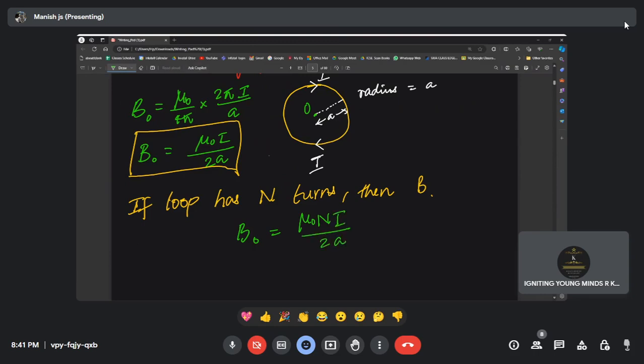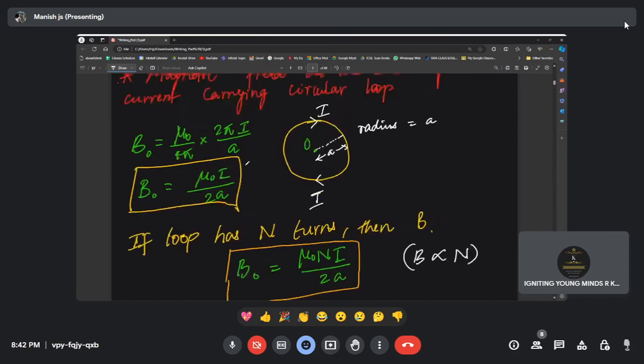Simple. So it becomes n times than what it was before. So you can see that the magnetic field is directly proportional to the number of turns also, right? That is why we are expressing like this. The reason is B is directly proportional to n. If it's going to be n times, the magnetic field would also be increased by n times. Okay, so this is the expression.